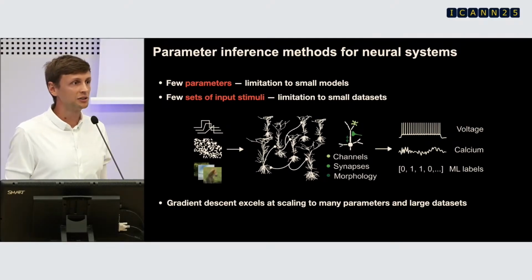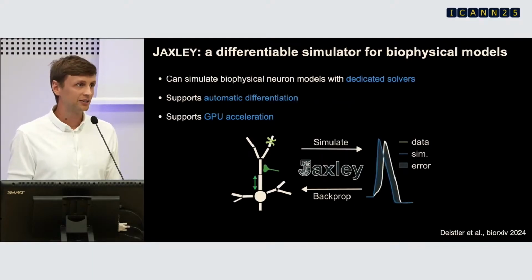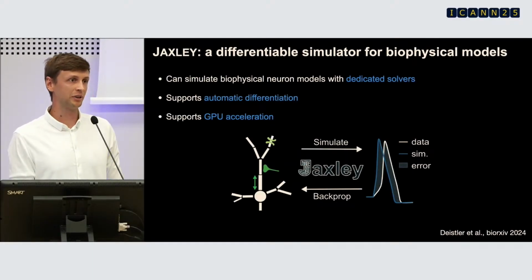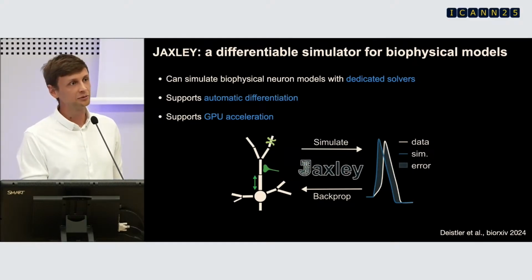Unfortunately, that wasn't really possible for a very simple practical reason, namely that these kinds of simulators that define these biophysical models were written in C and therefore do not allow automatic differentiation. To overcome this, we've sat down and we've re-implemented these kinds of simulators in JAX. And we call the resulting toolbox JAXLEY, which stands for JAX and Hodgkin-Huxley.